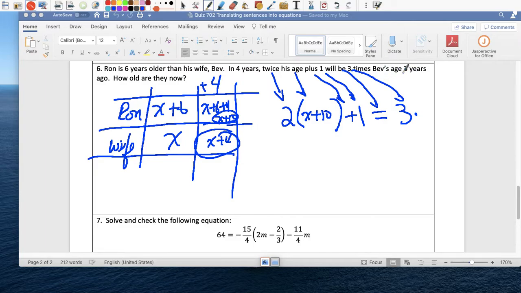This is the tricky part of this question, and I actually remember a lot of the kids missed it. So Bev's age is x.